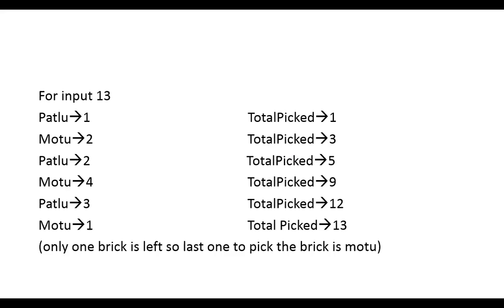Then Patlu picks 2 bricks, so the total picked is 5. Then Motu picks 4 bricks, so the total picked currently is 9. Then Patlu picks 3 bricks, so the total picked is 12. And Motu picks the last brick, that is 1, and the total picked is 13. So only one brick was left, and the last one to pick a brick is Motu. So Motu is the winner.